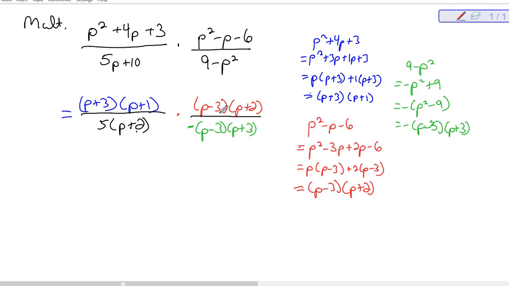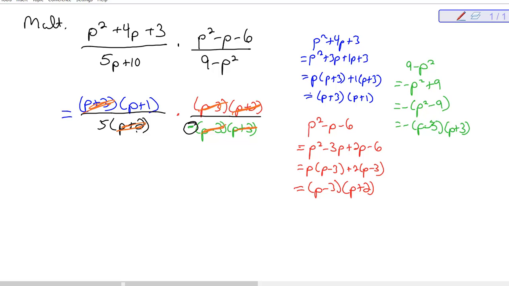Now that everything's factored, I can go through and start marking things out. So I've got a p minus 3 and a p minus 3. I've got a p plus 2 and a p plus 2. I've got a p plus 3 and a p plus 3. I have to be careful because I've got this minus sign.